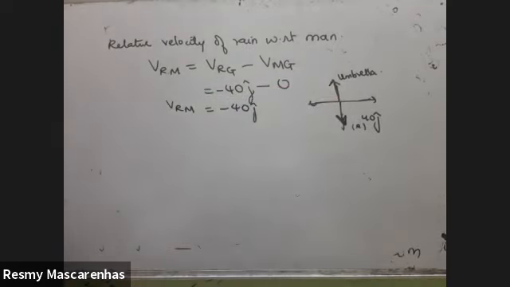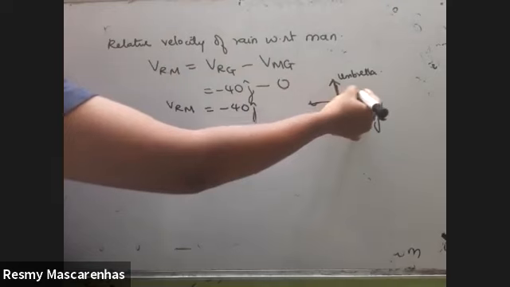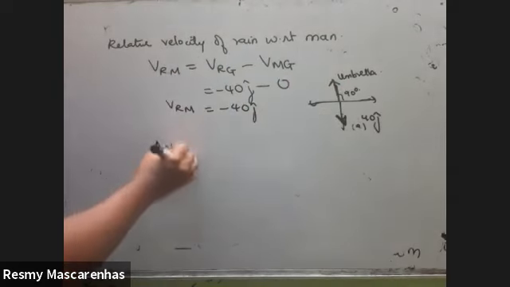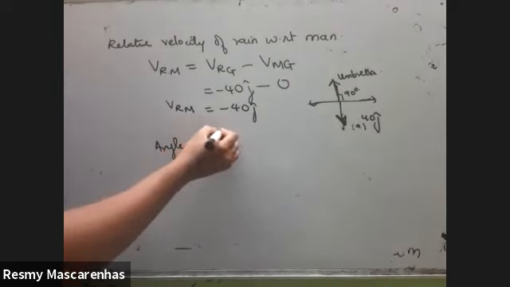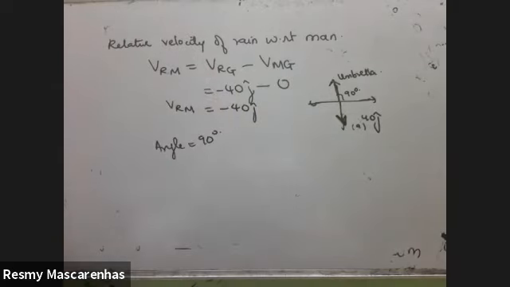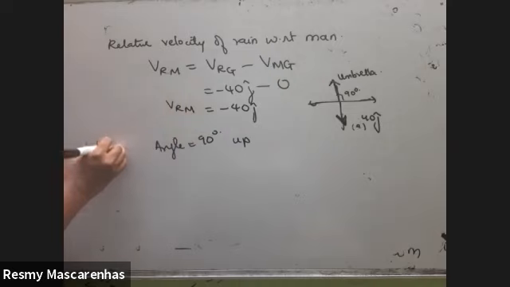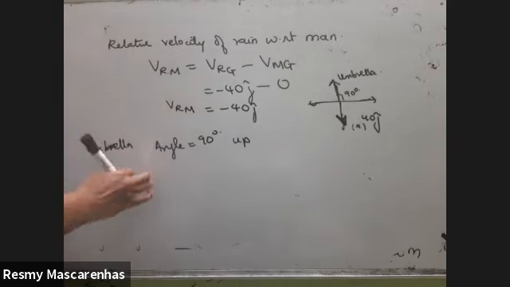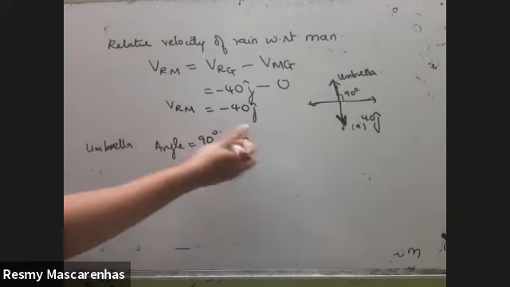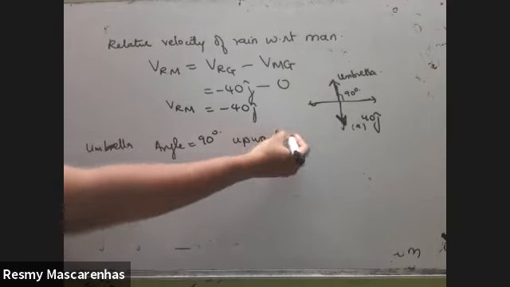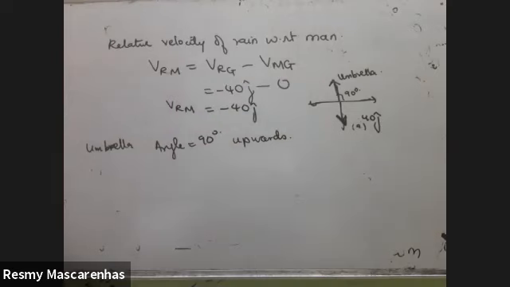So in terms of angle, if you want to write, it will be 90 degrees. At an angle of 90 degrees. So umbrella, you write it in your own words, okay? You have to hold the umbrella at an angle of 90 degrees. So this is the first case.